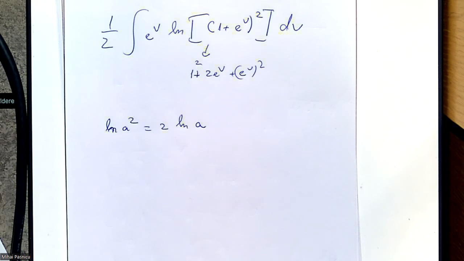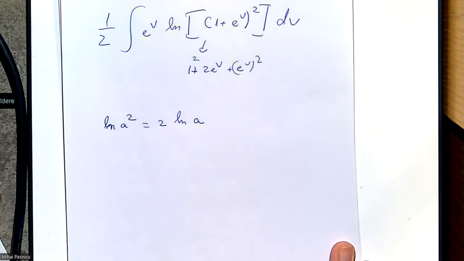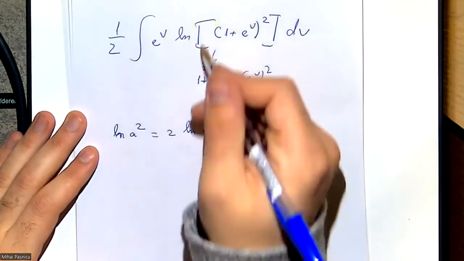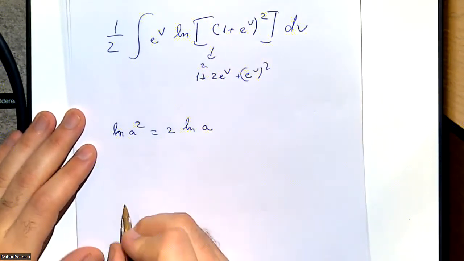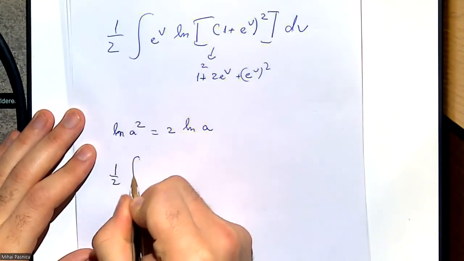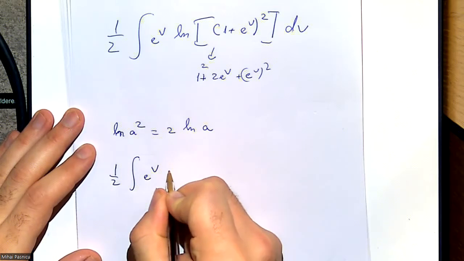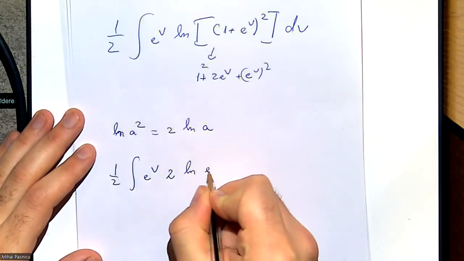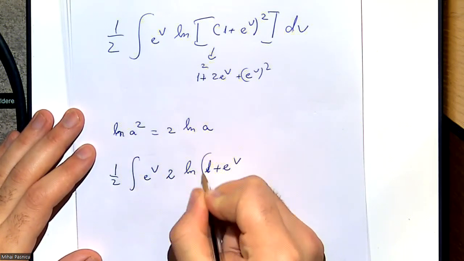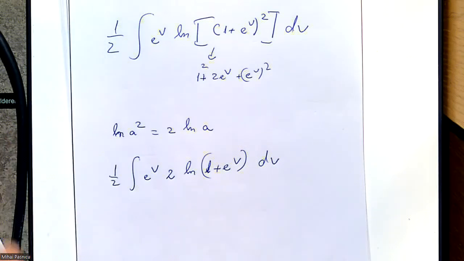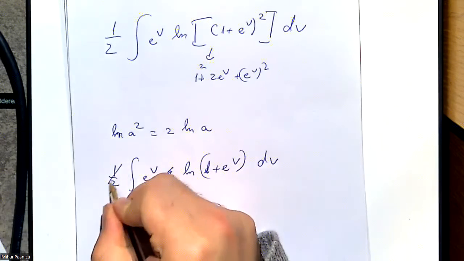Every bit of advantage I can get, I will take it, to get some intuition to where I want to get. So what do I mean by this? This is log of 1 plus (e^v) squared. So I just write this as 1/2 integral e^v 2 times log of 1 plus e^v dv. Okay? I just use this rule. That's my first start. And I get rid of this.